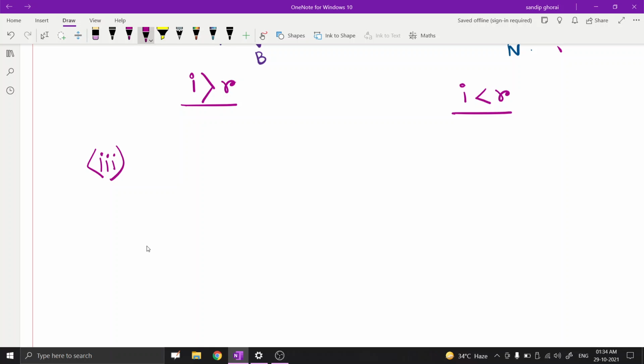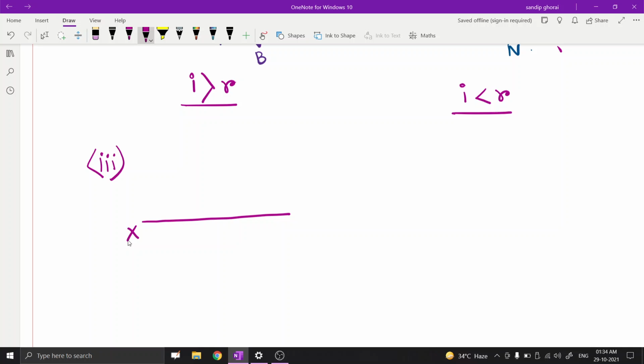The third rule is, when a ray of light strikes the surface of separation of two media at right angle, that is, the incident ray strikes the surface normally, it travels along the same path with no deviation.